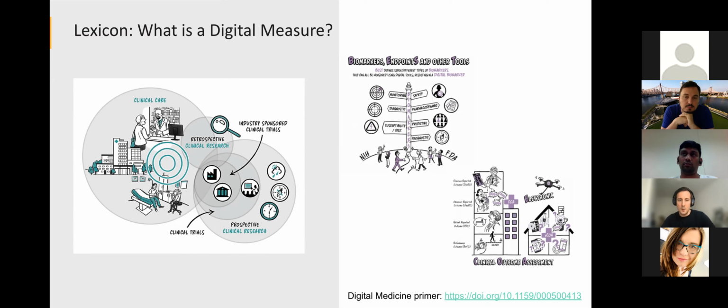Ultimately, the aim of many digital measures, which is an umbrella term that we use that refers to all kinds of at least partially objective measures collected in the healthcare space, is often to drive some kind of decision making.